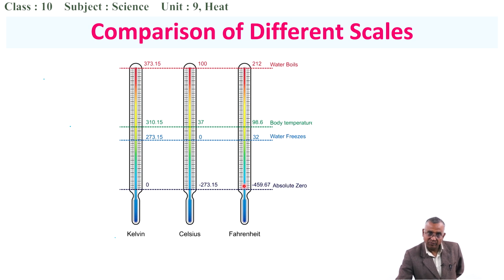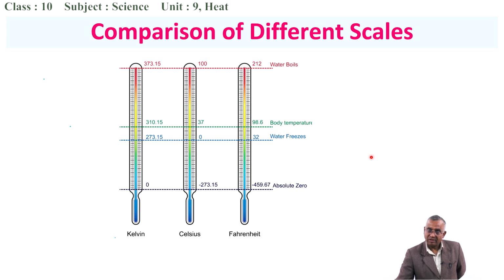So, absolute zero is in fact 0 Kelvin, and that is equivalent to minus 273 degrees Celsius, and minus 459.67 degrees Fahrenheit, approximately. So, that is the comparison of these three major different scales. But here mainly you have to understand about the upper fixed point and lower fixed point in it.